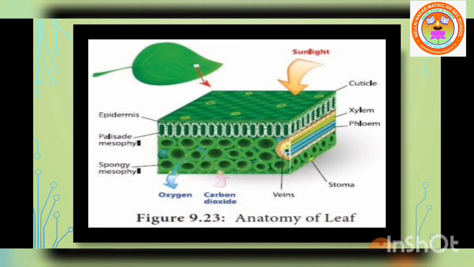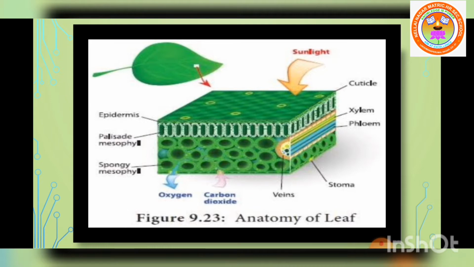The ground tissue system that lies between the epidermal layers of leaf is known as mesophyll tissue. Often it is differentiated into palisade parenchyma on the adaxial side, that is upper side, and spongy parenchyma on the abaxial side, that is lower side.